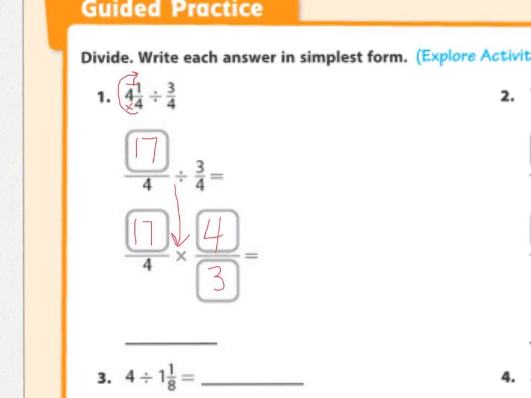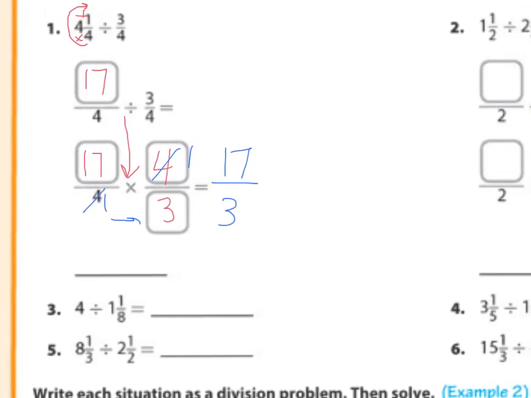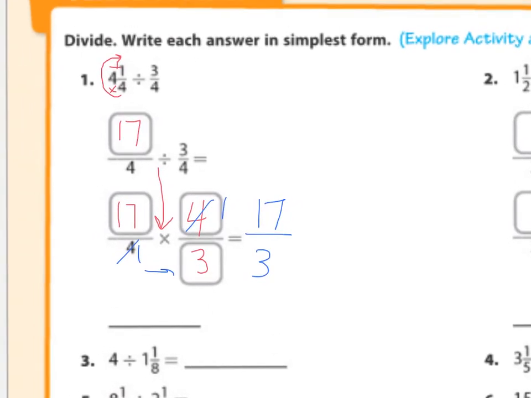And then we can cross cancel. Anytime it's the same number, you can just cross them out and put a 1. 17 times 1 is 17, and 1 times 3 is 3. And then we have to simplify that by TIBO. 17 divided by 3. 3 goes into 17 5 times, which is 5 groups of 3 is 15, and we're going to have 2 leftovers, 5 2/3.